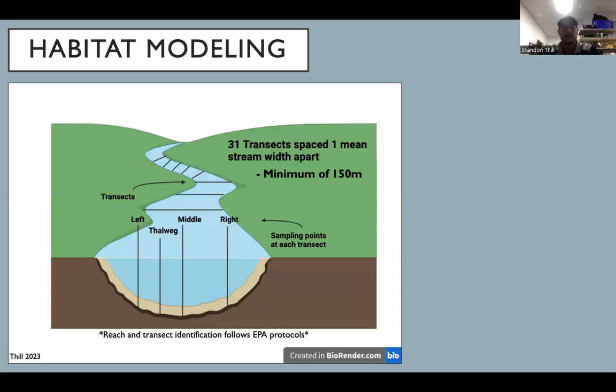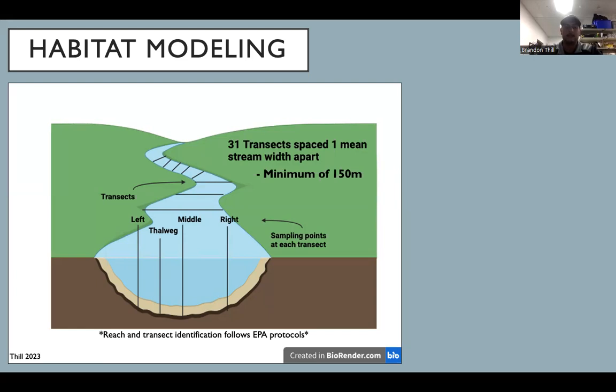Now at each transect, we measured at 4 points, and that was the middle, the left, the right, and the Thalweg point. So the Thalweg is typically known as the fastest flowing, deepest part of the stream, and it's variable. So it could have been here. It could have been all the way over here on the right or all the way over here on the left. It was different at each transect.